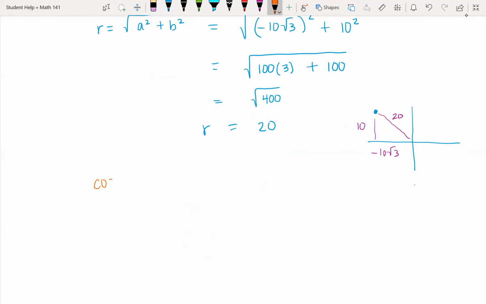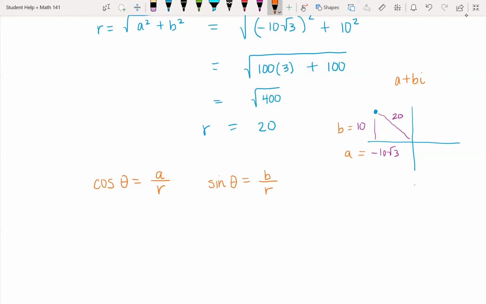the cosine of theta is equal to a over r. Remember that this is a, in terms of a plus bi, right? Our imaginary number is a plus bi. Or we can use that the sine of theta is equal to b over r. Remember that this length is b, the imaginary part.